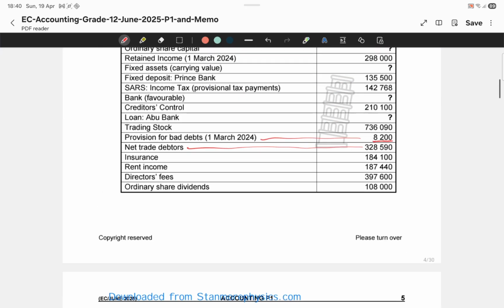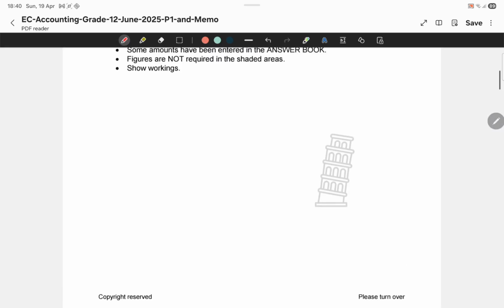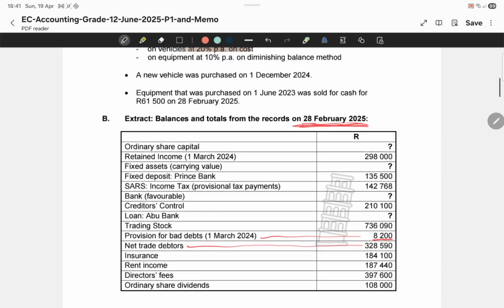Okay, now let's draw the trade and other receivables note here. Trade and other receivables. We have net trade debtors. Then, as I've mentioned, you can check.